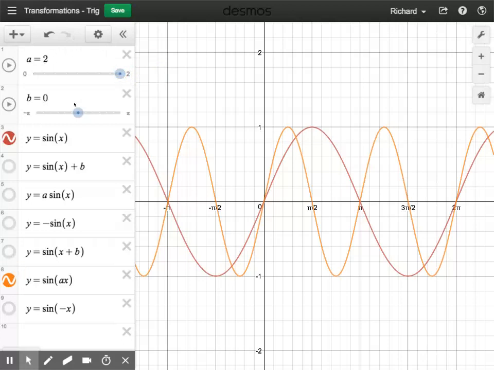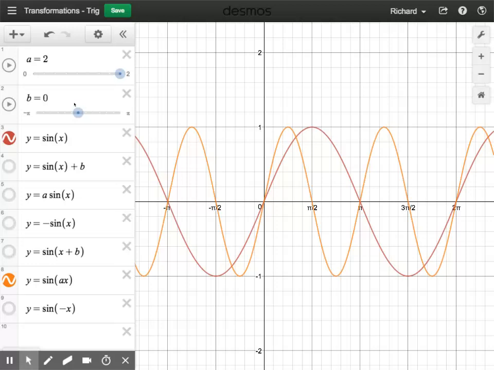A bit similar colors, but the orange graph has gone through the same interval, 0 to 2 pi, twice in the time it takes sine to make its leisurely way over to 2 pi. And that kind of makes sense. It's going through twice as fast, but because it's going through twice as fast, it means it starts repeating over half the interval.